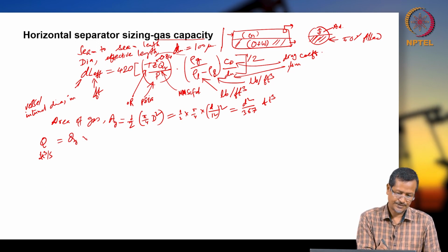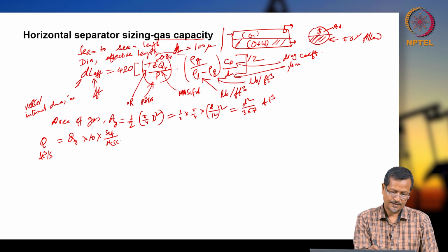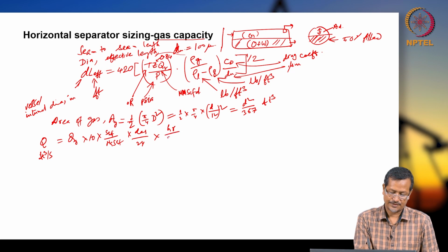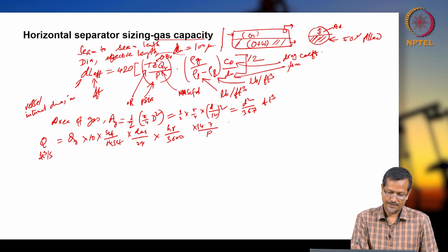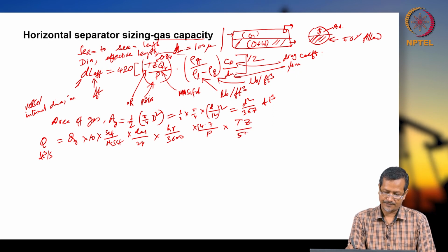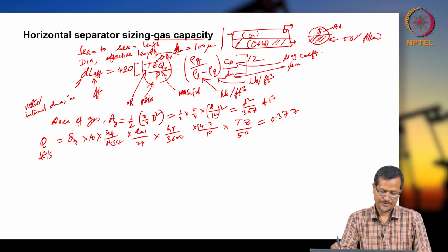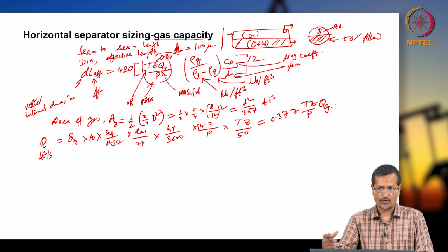So Qg into 10 to the power 6 SCF per day, times 1 day over 24 hours, 1 hour over 3600 seconds, then 14.7 over P, into TZ over 520. So this is a conversion. Finally you are getting 0.327 TZ Q G over P. So from standard condition you are converting to operating condition.